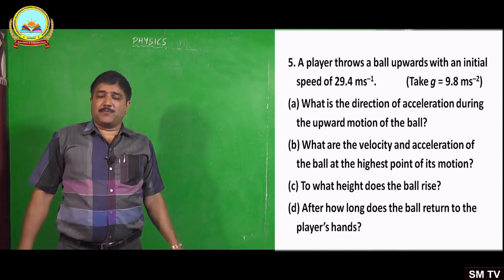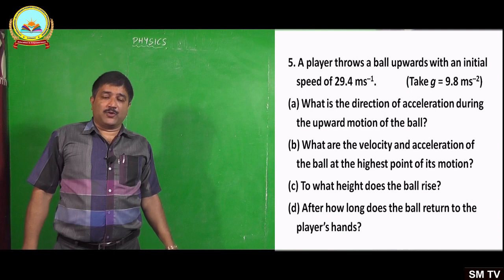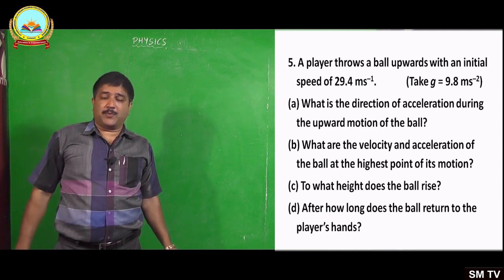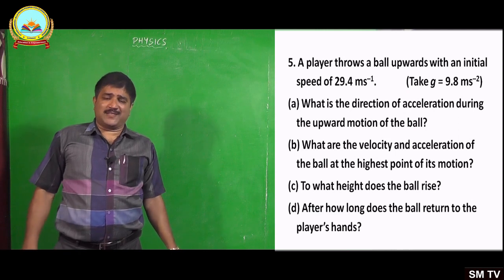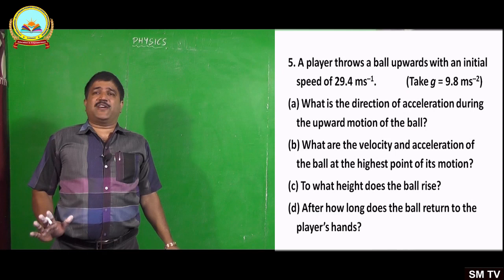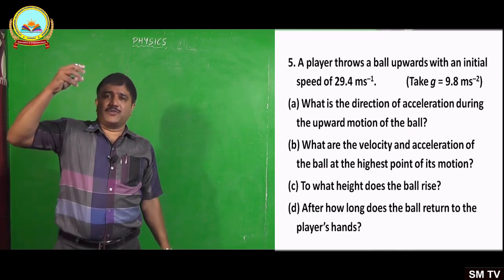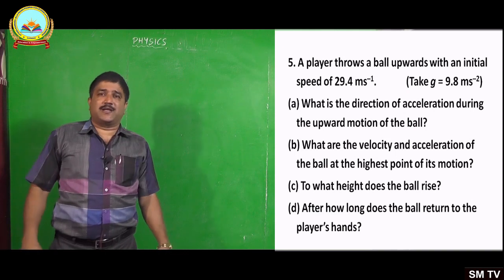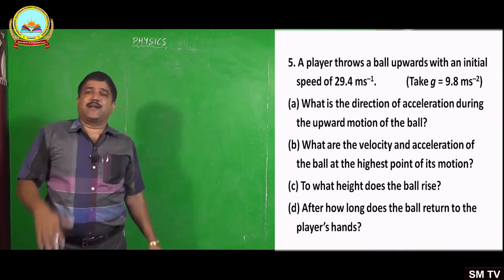A player throws a ball upwards with an initial speed of 29.4 meter per second. Take g equal to 9.8 meter per second square. What is the direction of acceleration during the upward motion of the ball? So direction of acceleration: whenever you throw the ball upward, or leave the ball or drop a ball from a certain height, acceleration is always downward towards the center of earth.